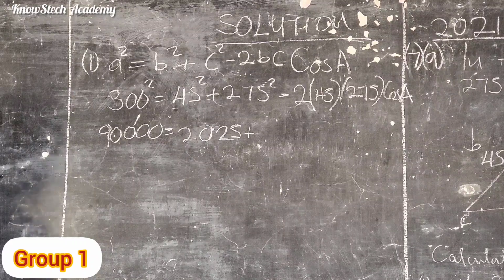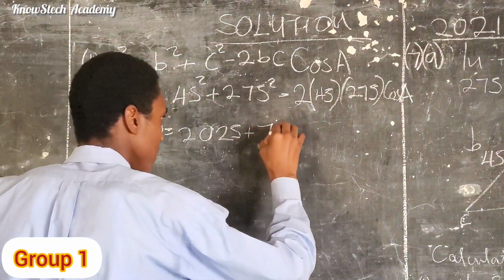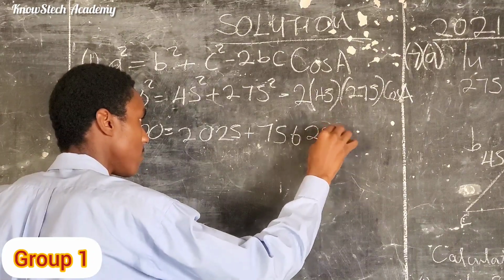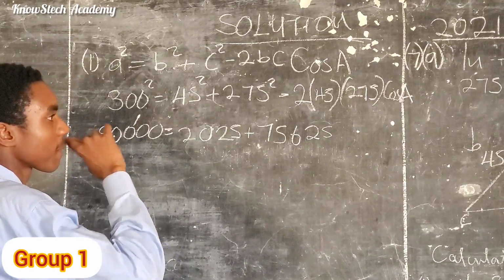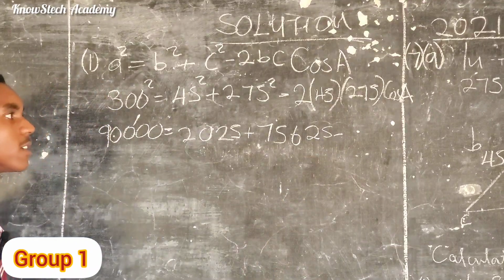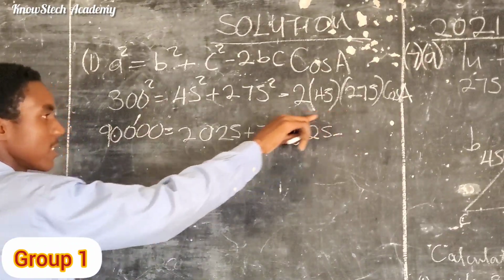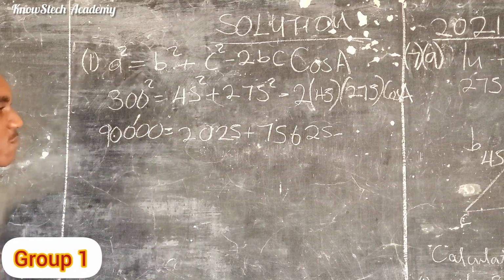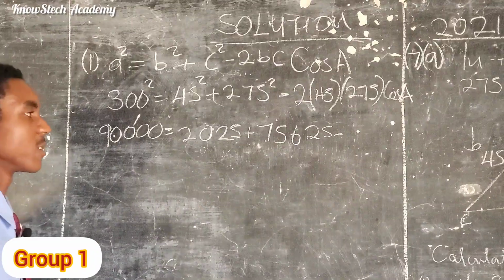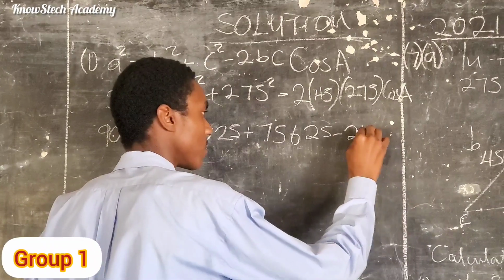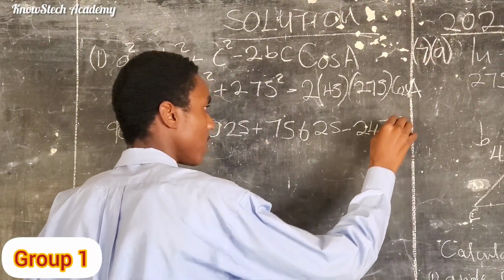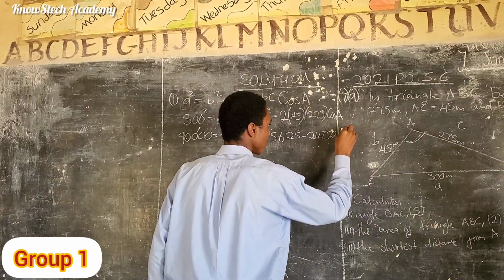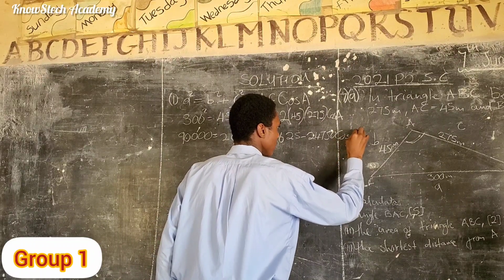This is 75,625. Minus 2 times 45 times 275. What is it giving us? It's giving us 24,750. Then we write cos A here.